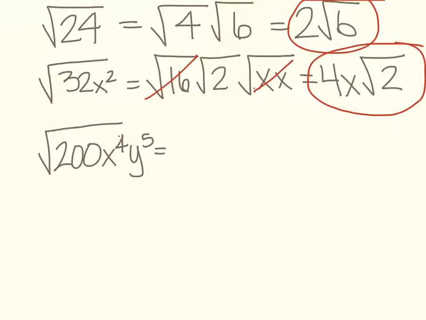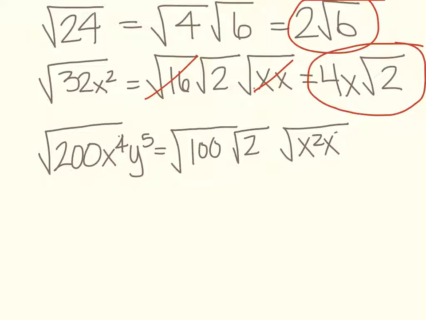All right, remember, looking for perfect squares, so that's going to be the same thing as the square root of 100 times the square root of 2, and then x to the 4th can be written as x squared times x squared, and y to the 5th can be written as y squared times y squared times y. I don't know if you can see I squeaked that in there.